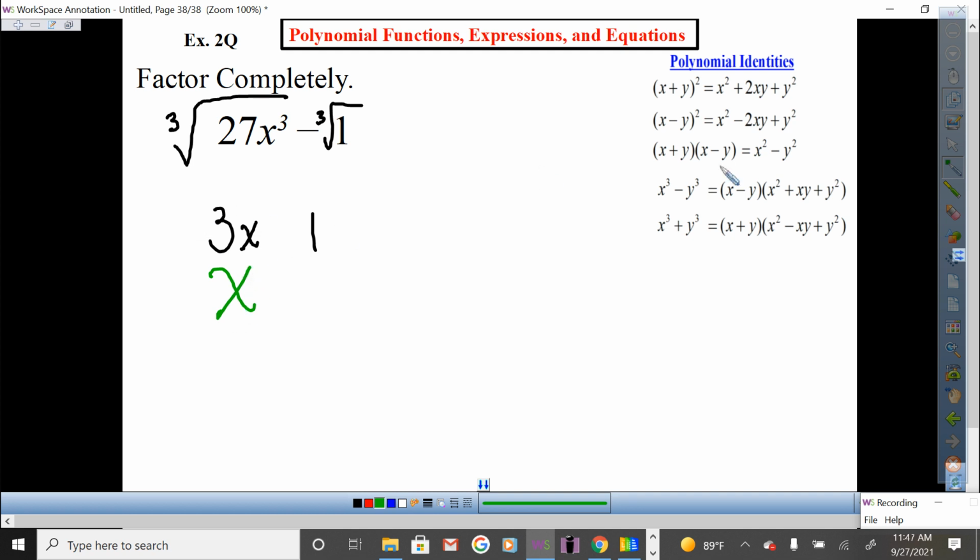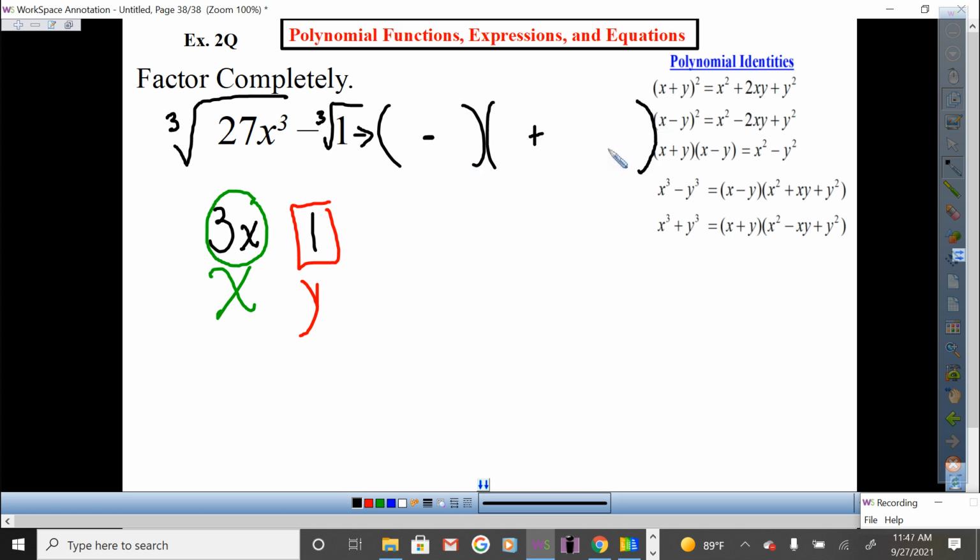Here on the pattern, instead of x, what am I going to write? 3x. And instead of y, what am I going to write? A 1. Okay. So, small parentheses with a subtraction, long parentheses with 1 plus and another plus.